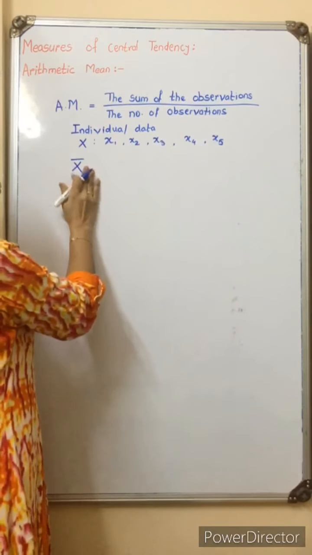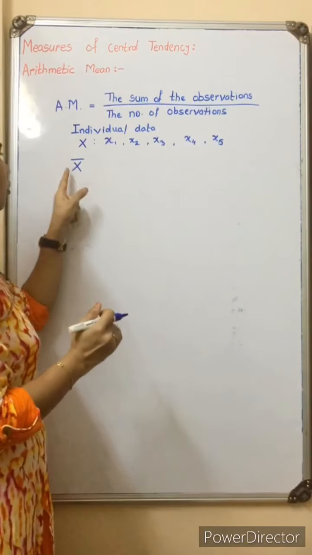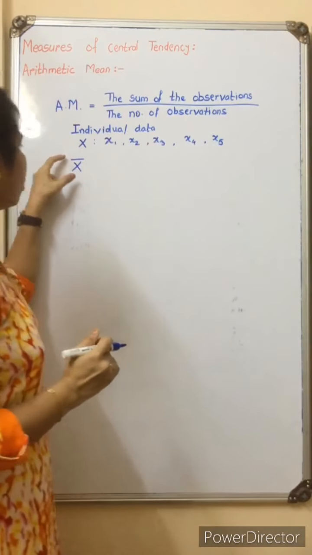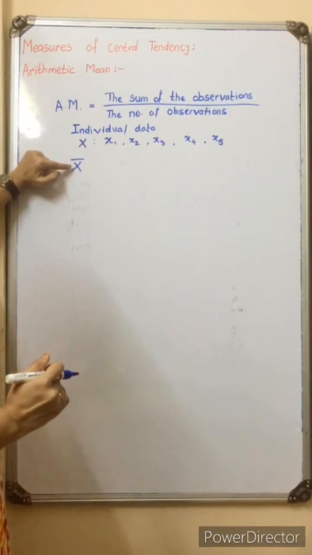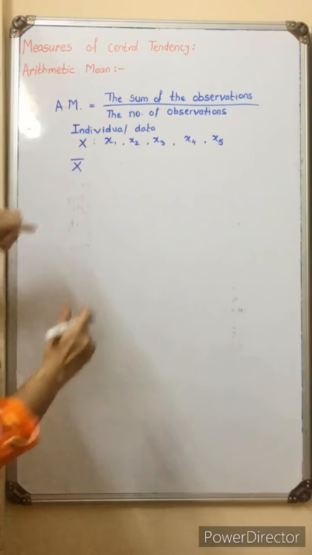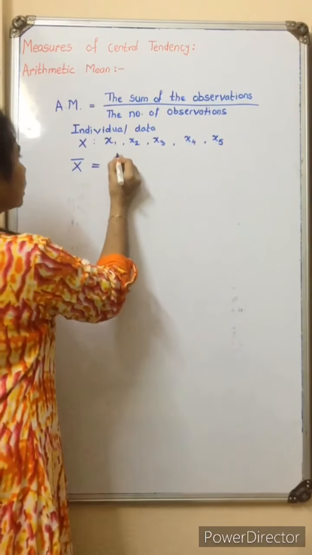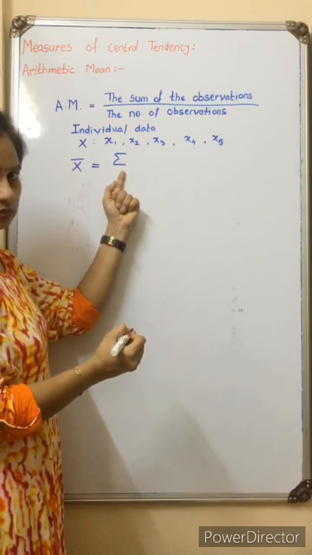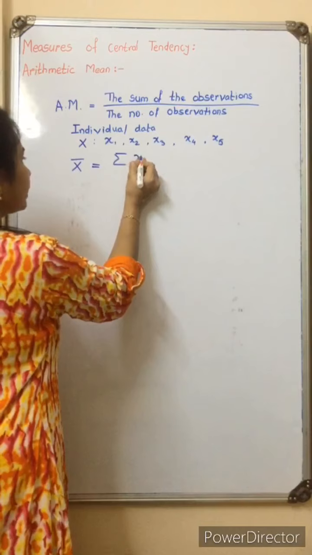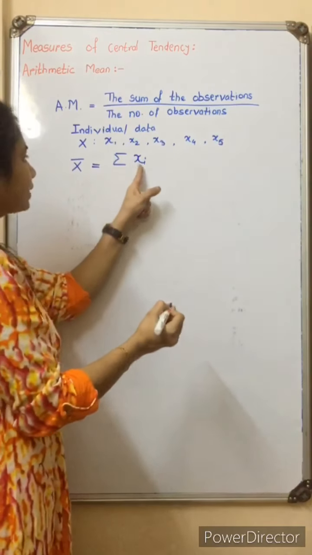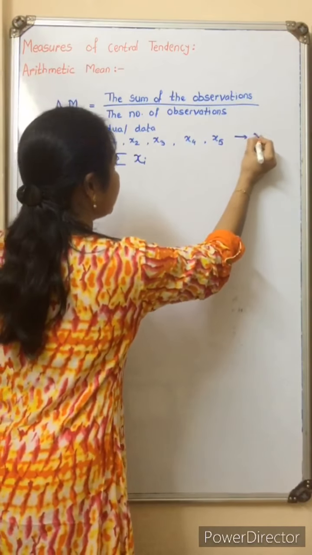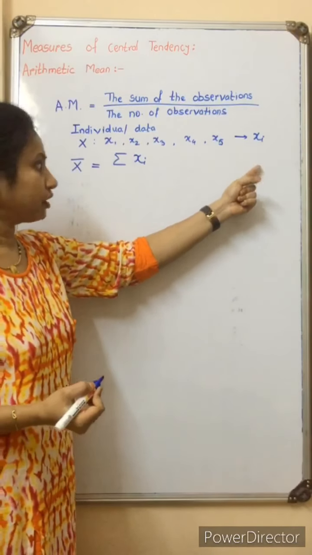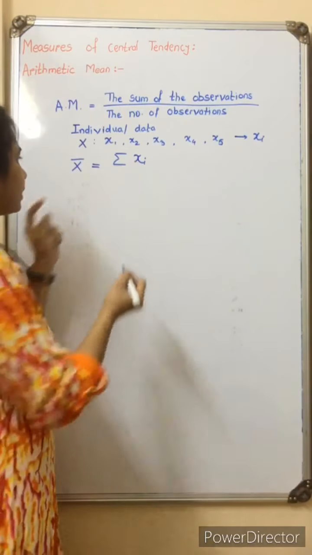Theoretically, we write x bar to show the mean of the x variable. To show the average or mean of the x variable, we denote x bar. That is equal to summation, this is the sign of summation, of xi. Now what is xi? These are the values of the xi observations.